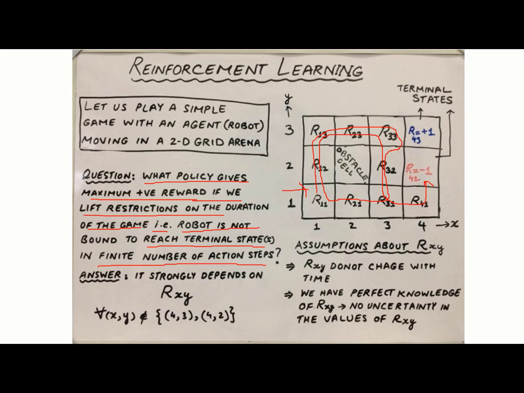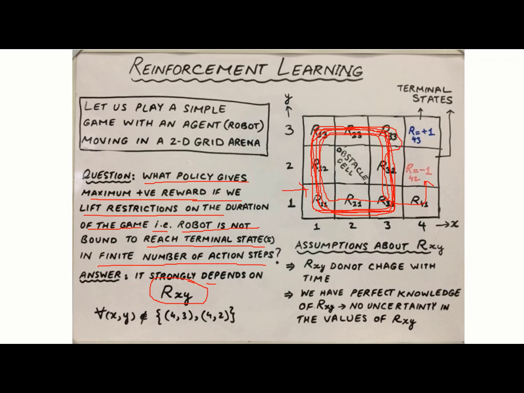Then the answer to this question is that the policy strongly depends on the value of Rxy, the reward in each grid cell. For instance, if Rxy is positive, then the robot can keep on moving between these non-terminal grid cells, and it may never wish to terminate its navigation or journey, because the net reward is always positive and always growing.